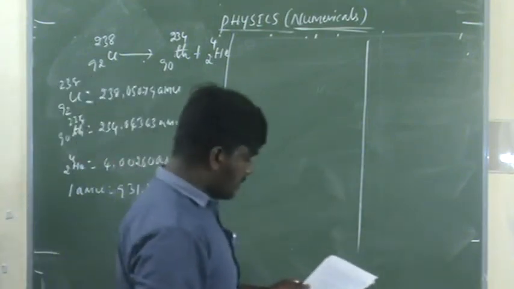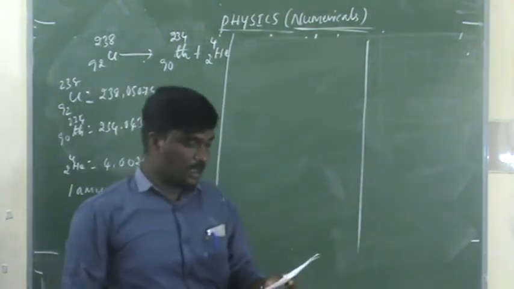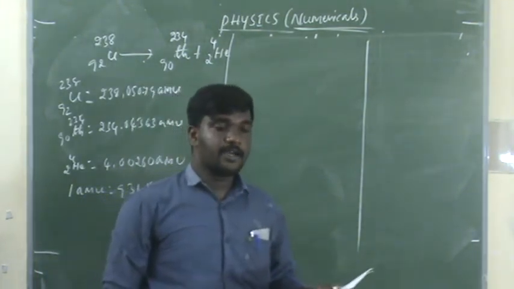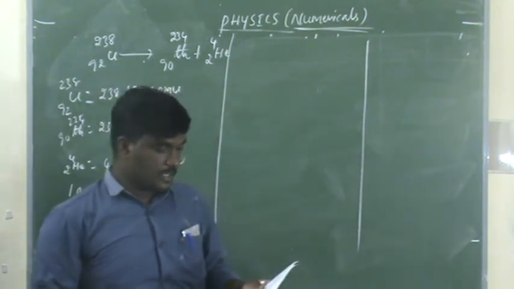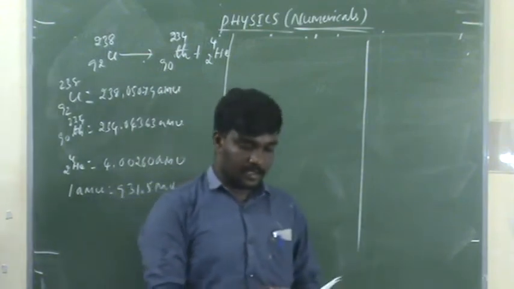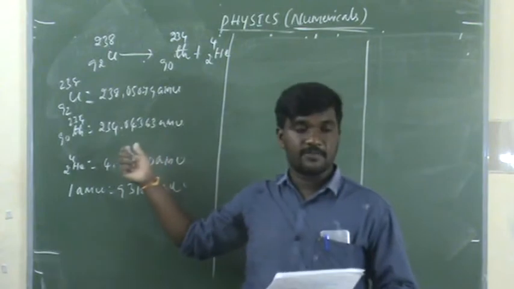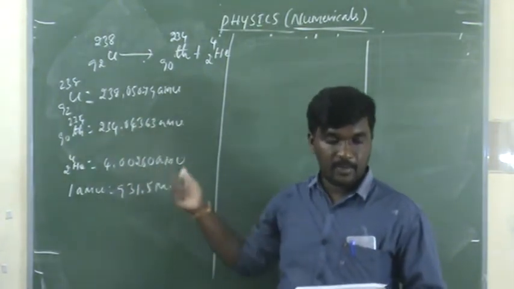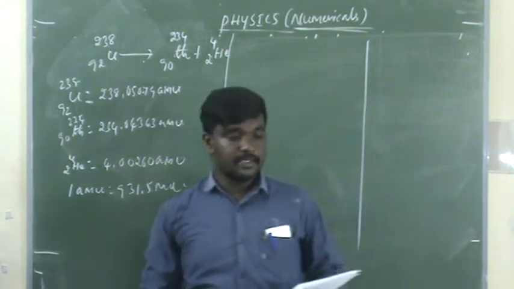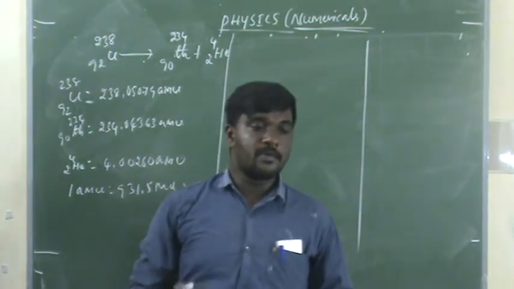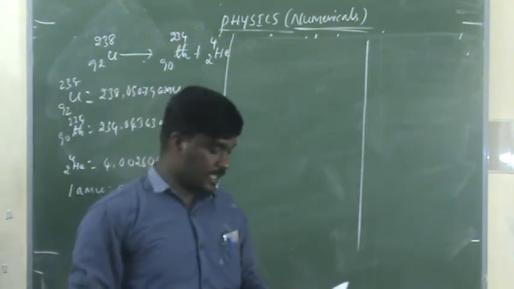So calculate the amount of energy released during the alpha decay. Alpha decay means it emits the alpha particles. So here the given data is the atomic mass of uranium, the atomic mass of thorium, and the mass of the helium. So what we calculate is the amount of energy released during alpha decay.